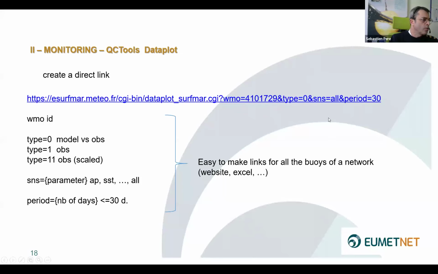The parameters you want, or all parameters, and the period you want. So with this easy link, you can create a link for all your platform on your website, or maybe on an Excel file like you want, and follow all the platform of your network.